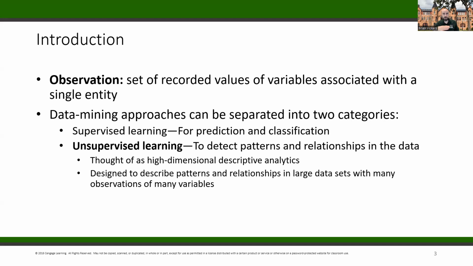So the observation is the day. Or the observation could be a person. I've got one person and they gave us information: how tall they were, what they weighed, what their favorite color was. You have a series of variables associated with one single entry in your data table. The observation is the set of all those variables with that single entity.